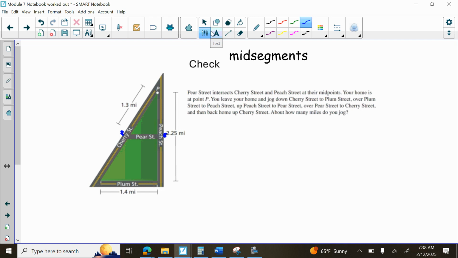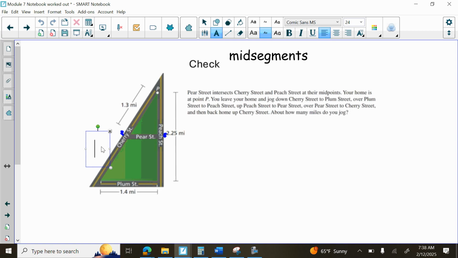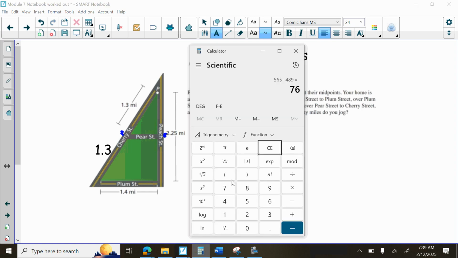So right away, what's this half of Cherry Street? What's that measure? 1.3, because it's half and the other half is that. How would you figure out what each half of Peach Street measures? Divided by 2. So 2.25 divided by 2, 1.125.